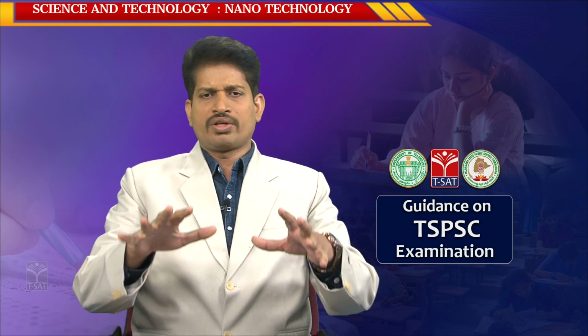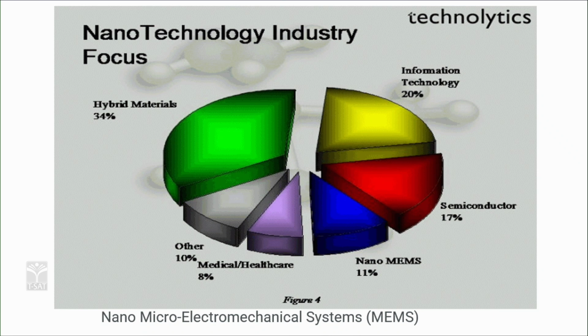So, these are the different areas where nanotechnology is being used: information technology, semiconductors, nano MEMS, and other applications in terms of hybrid materials. Hybrid materials are materials where you are mixing some kind of organic and inorganic material, because of which the strength of the material increases and the weight decreases, which is better for construction materials.